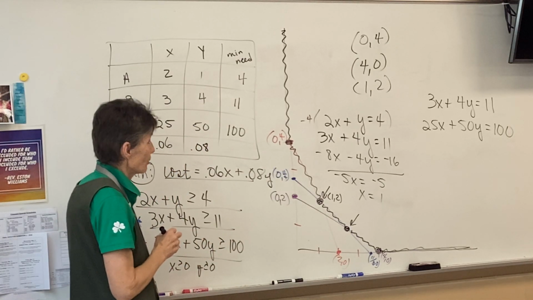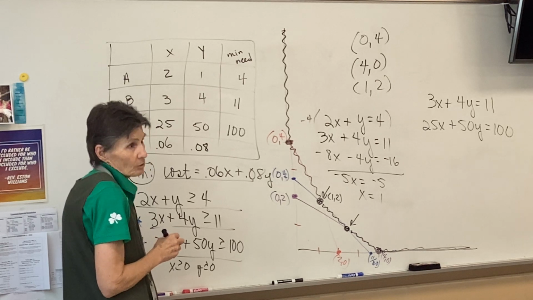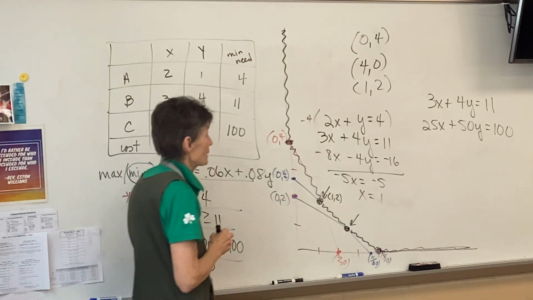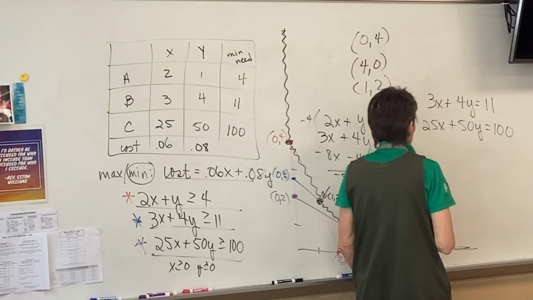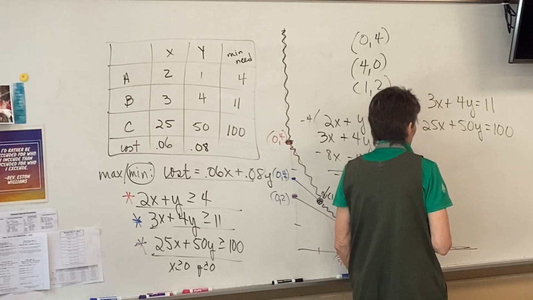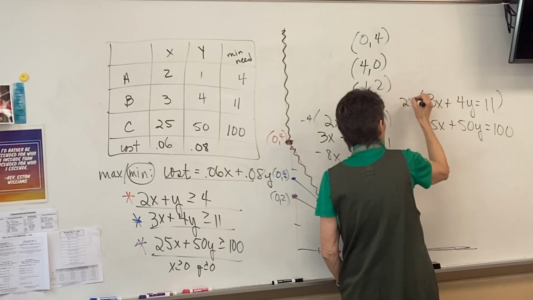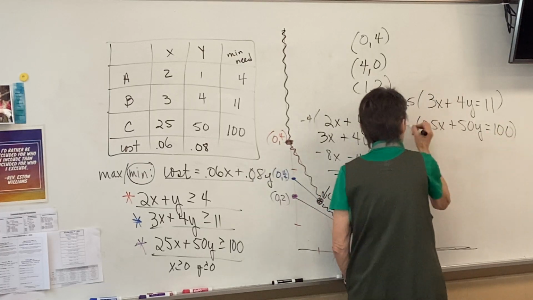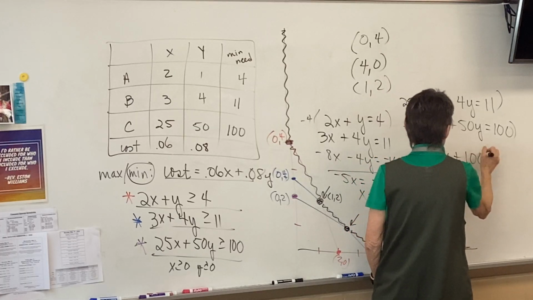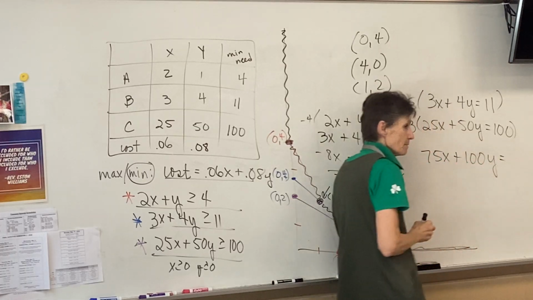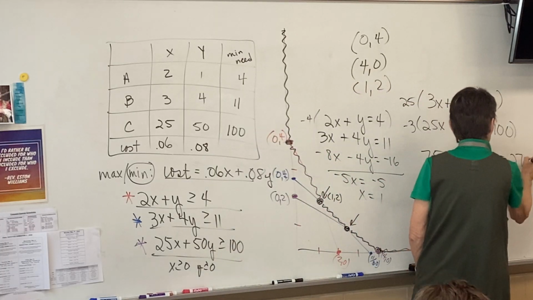This one's a little bit harder because I have to multiply by a couple of things. So, what do you want to do? Multiply the top by 25, and then the other by 3. 11 times 25, 75.